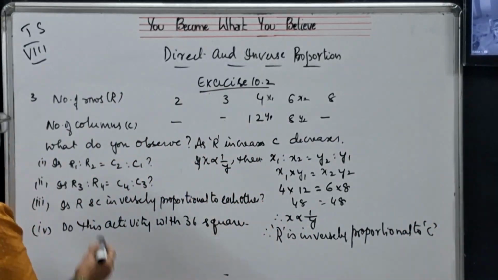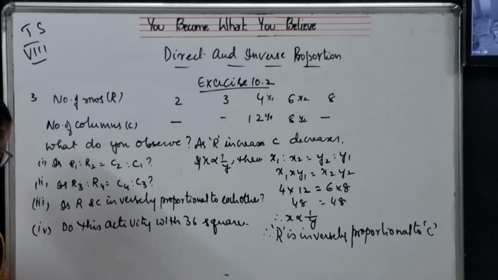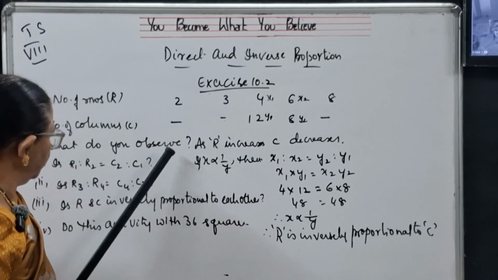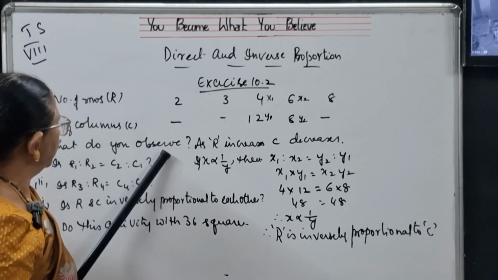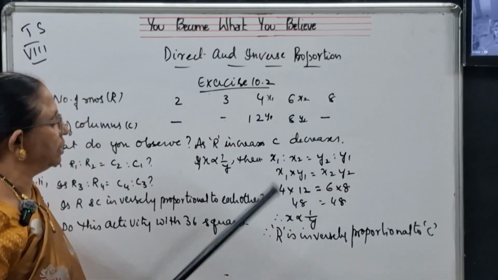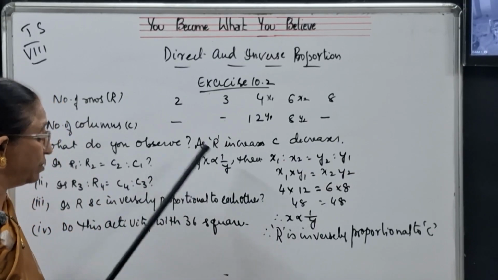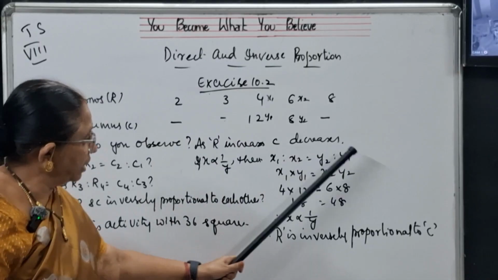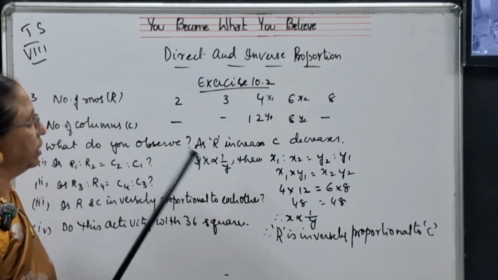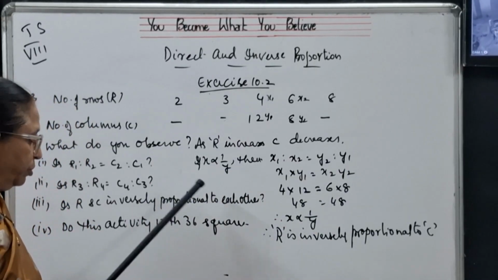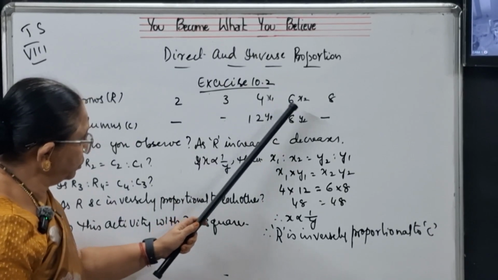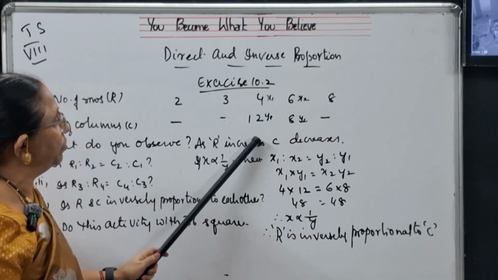So, this first part, what do you observe? We have clarified here, children. Please note it down. I wanted to rub it so that I can do the next part. See, the first question, what do you observe? As R increases, C decreases. Already in the first problem we have seen, even though this kind of arrangement is there, if it doesn't satisfy this ratio, we cannot say they are inversely proportional. So x1 is to x2 should be equal to y2 is to y1.